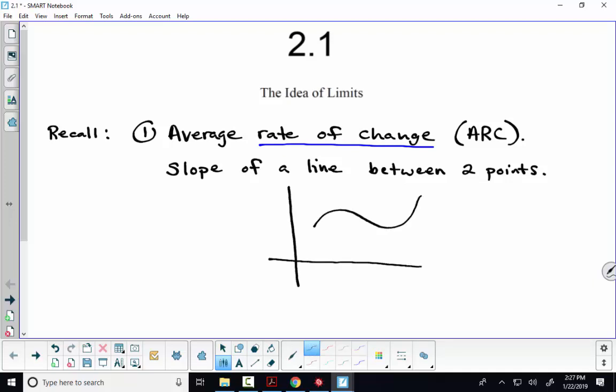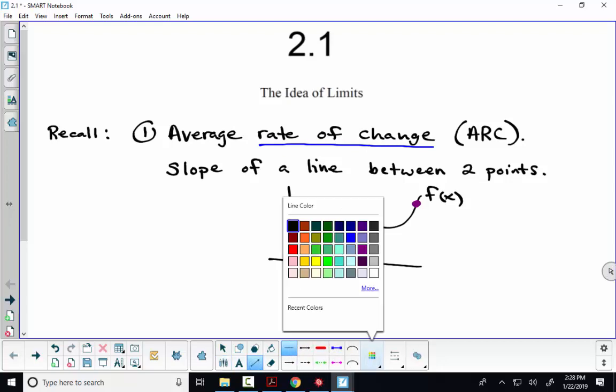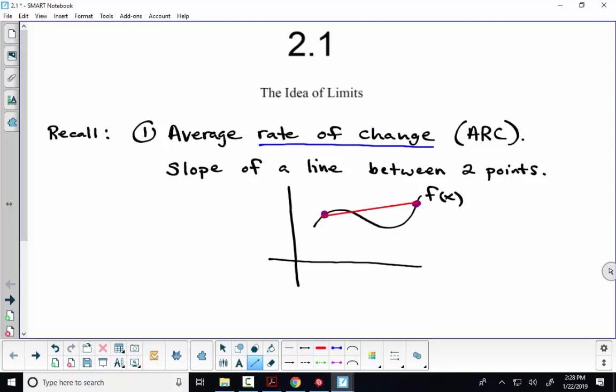So if I had this curve here, that's purple, you can't see it. And this point here, if I were to calculate the slope of that line there, then all it's doing is telling me, on average from start to finish, what was that rate of change?